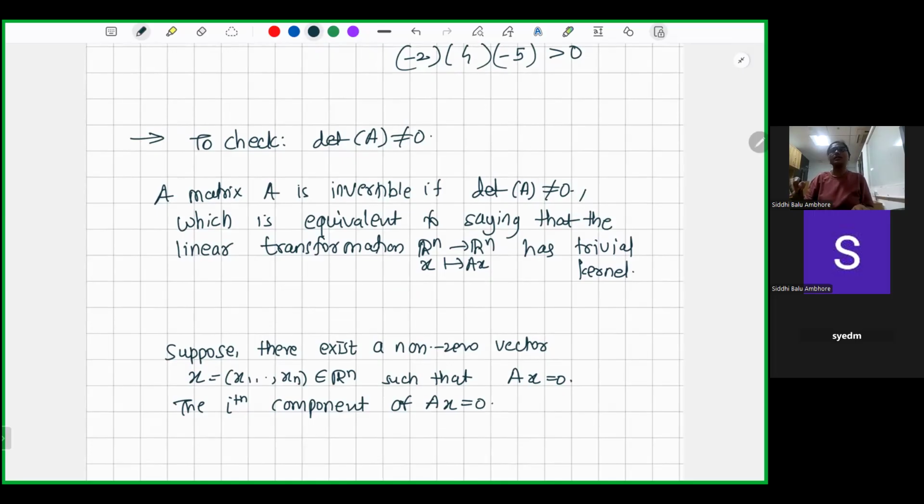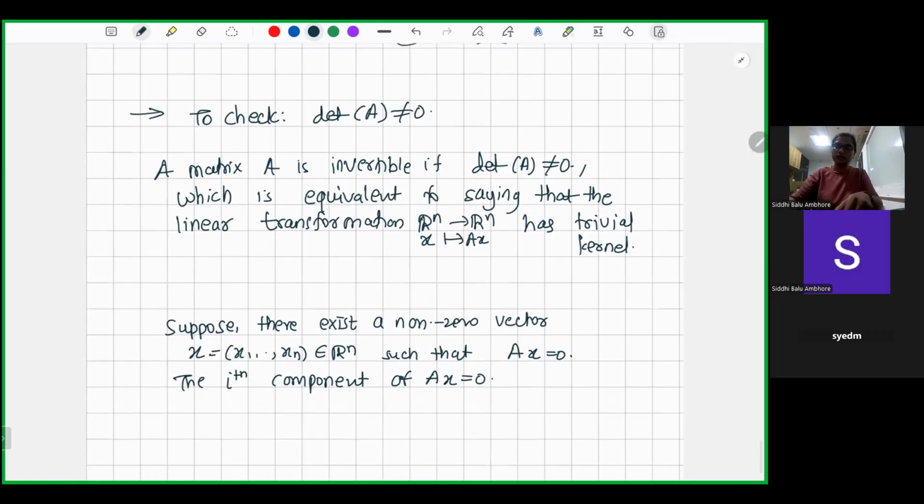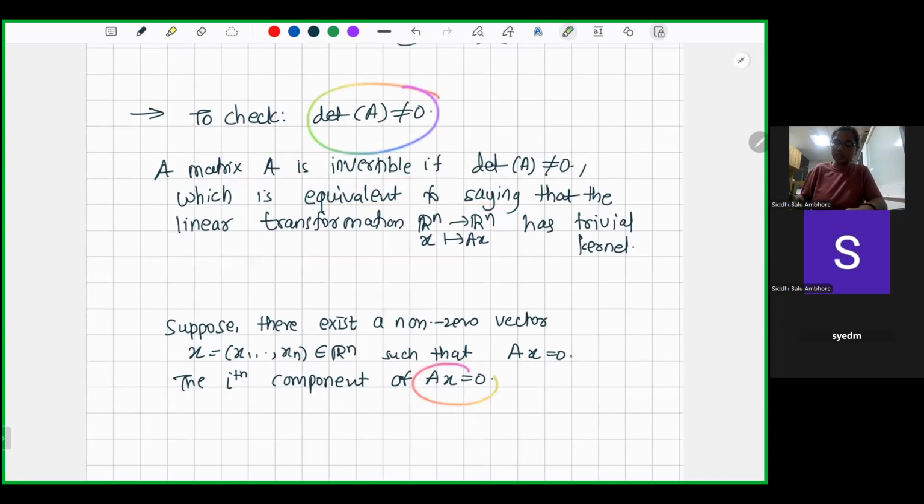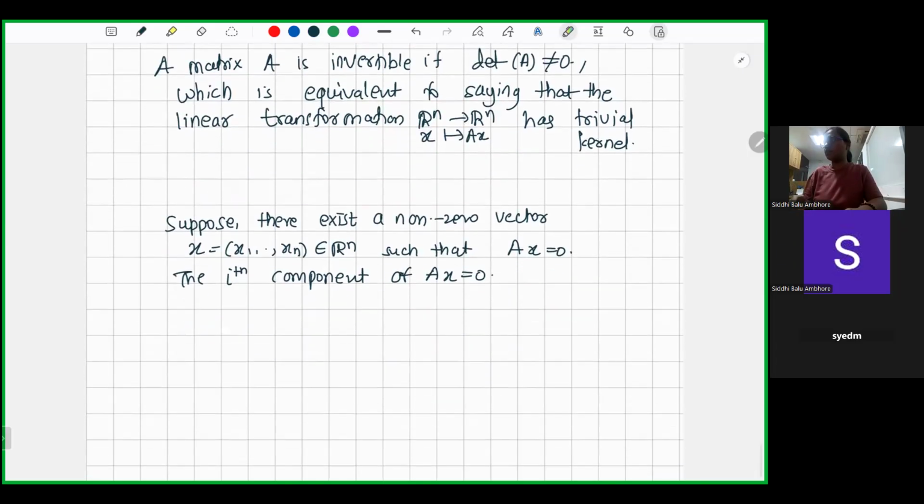There exists a non-trivial kernel for this linear transformation.